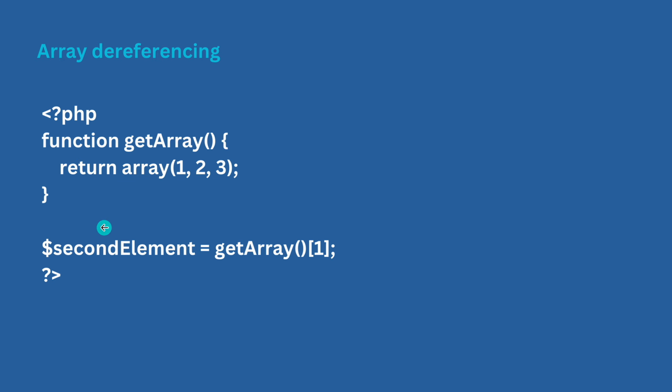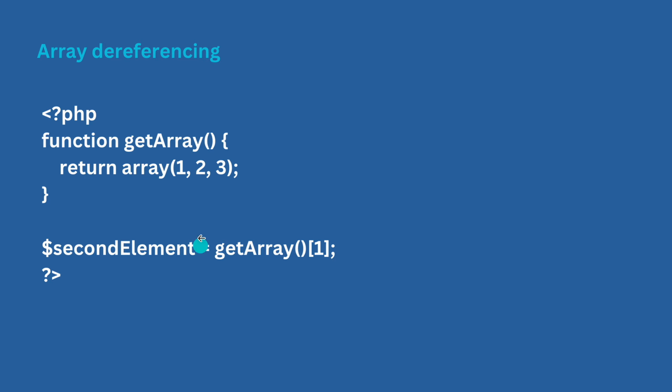Also, I gave you a little information on referencing and dereferencing, right? I have written this function and this function is returning an array, right? Now I'm calling this function from here, right? So when I call this function it will return the complete array. Now if I type here 1, from that array which value will it pick? 2.